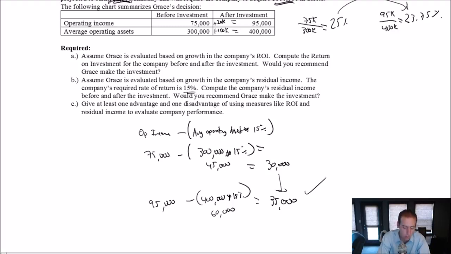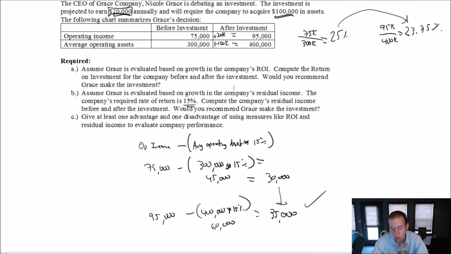I hope you're seeing that the issue with ROI here is that we may pass up really good investments that our company would want us to make just because we want to keep that percentage up. Residual income gets us past that. So residual income is a better summary measure, in my view, than ROI, because it doesn't have this weird issue related to it.